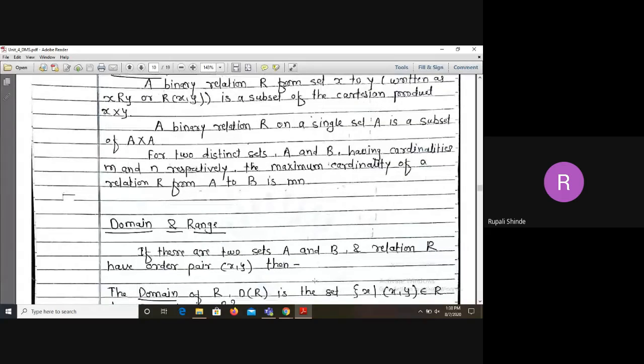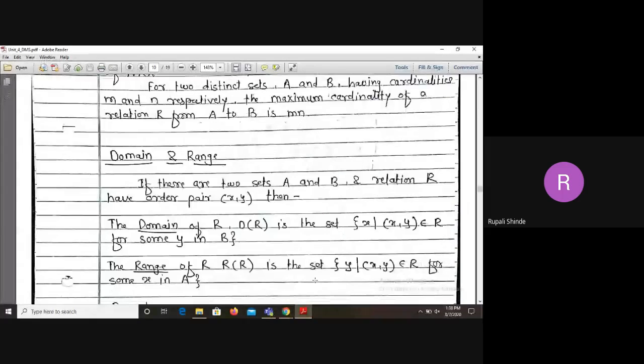Now the next point is domain and range of relation. If there are two different sets A and B and relation R has ordered pair x comma y, then the domain of relation R, D of R, D is for domain, is the set of all x such that x comma y belongs to R for some y in B. What is the meaning of this statement?